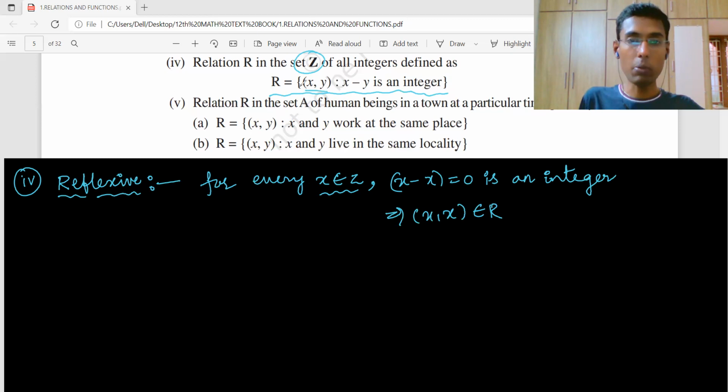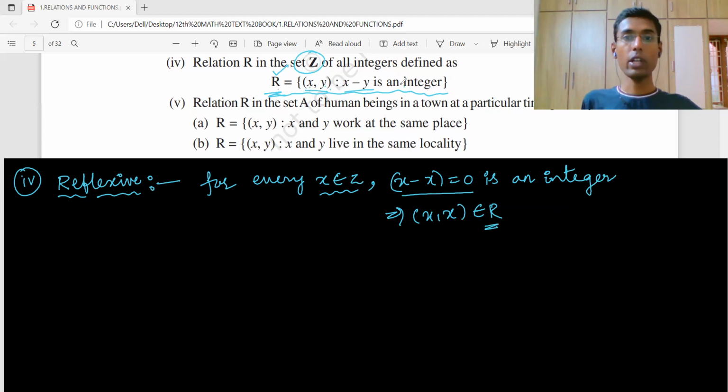For x comma y to be in R, x minus y should be an integer. If x minus y is an integer, then x comma y is in R. So x comma x belongs to R because x minus x is 0, an integer.